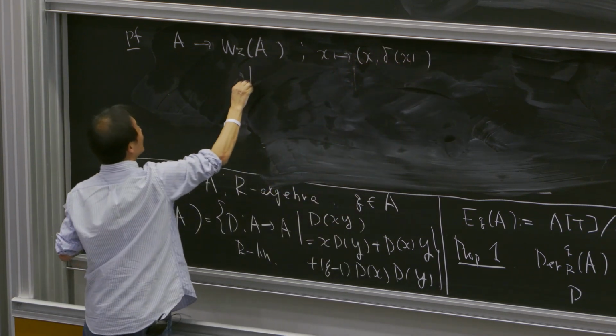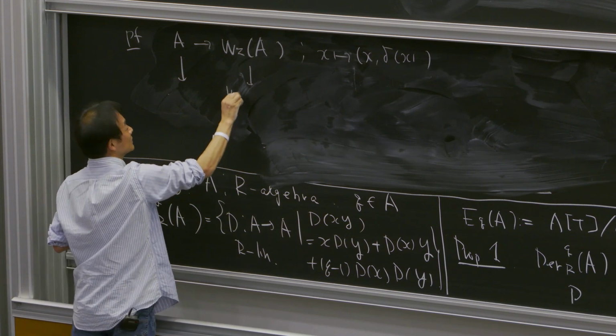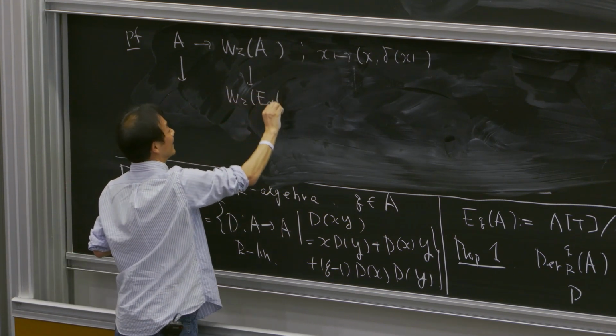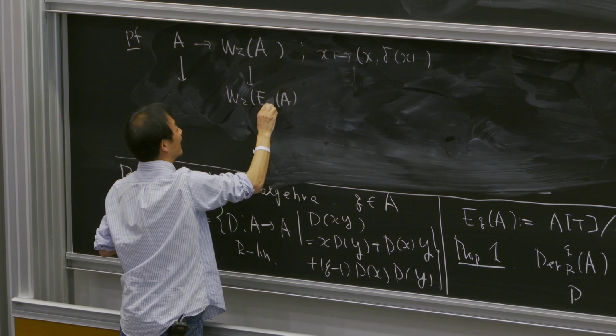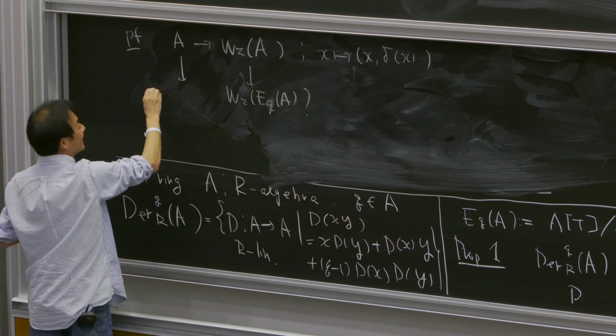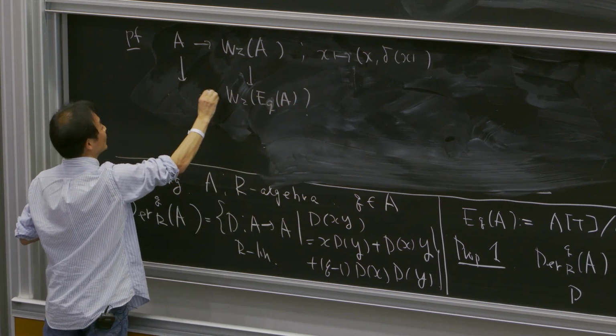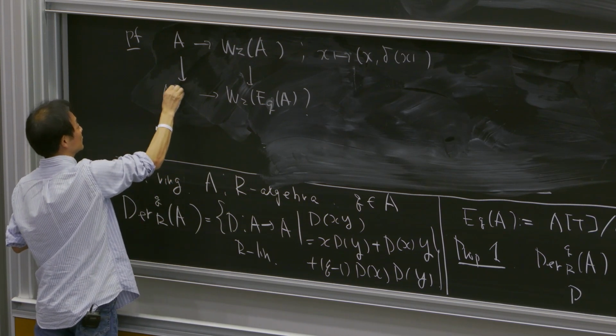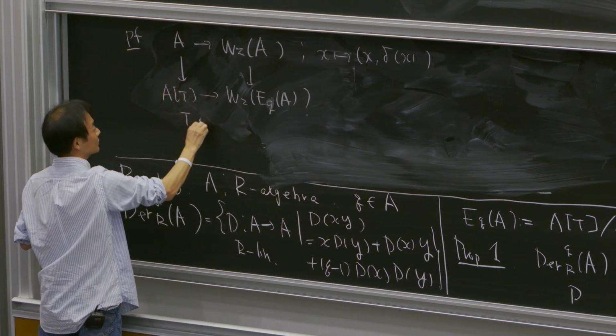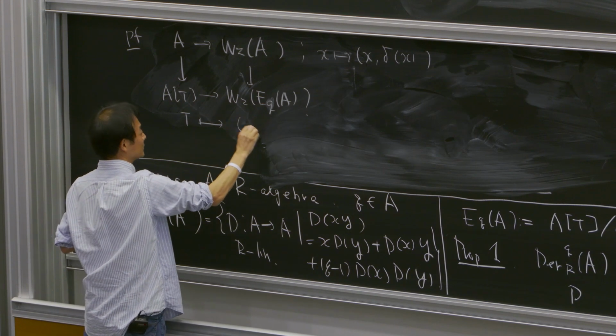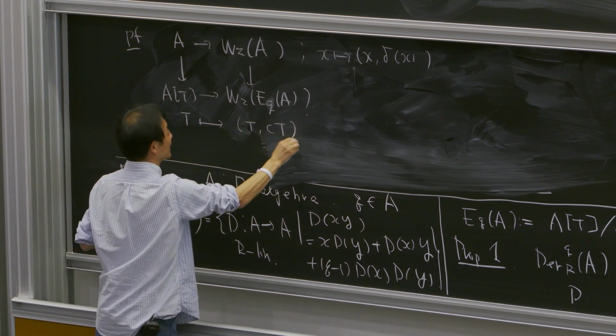And we want to extend this to this E_q. But I first do this to the polynomial ring. So this is, of course, possible. So just T goes to CT.